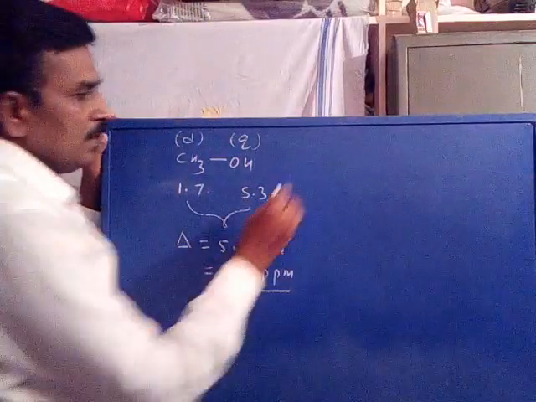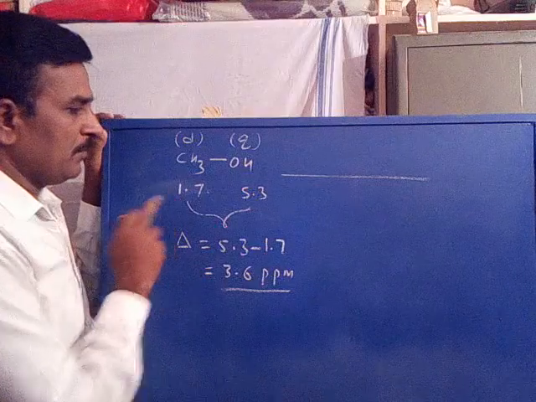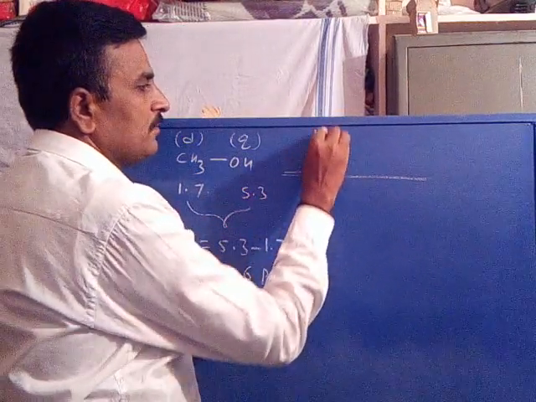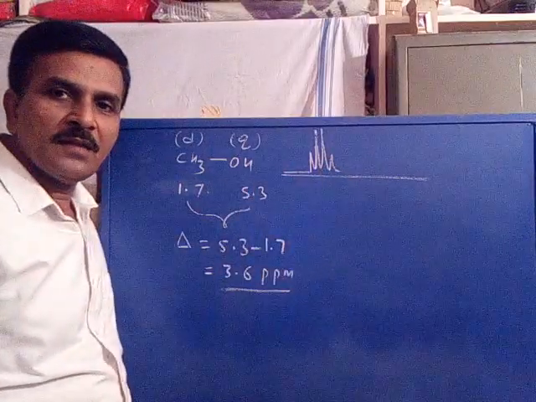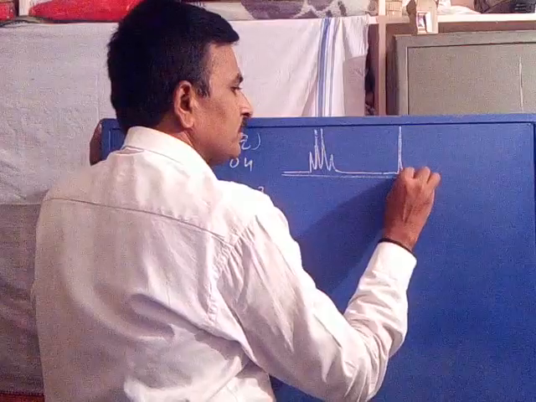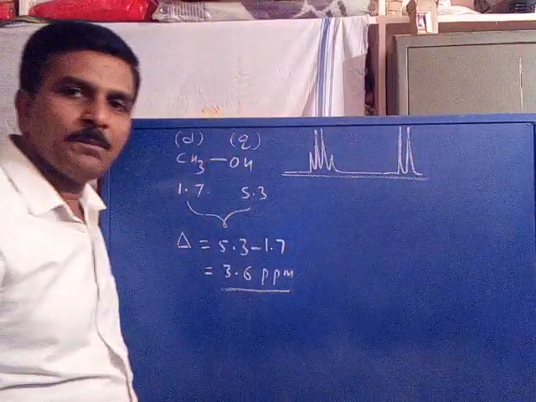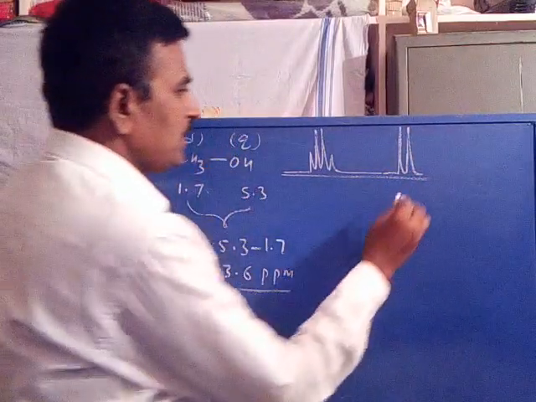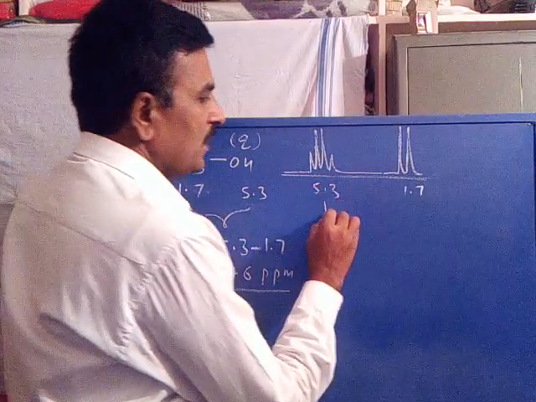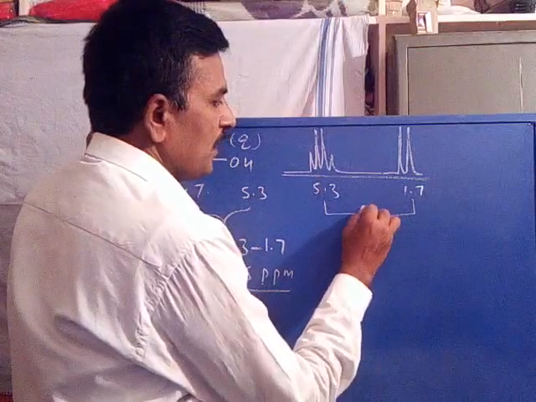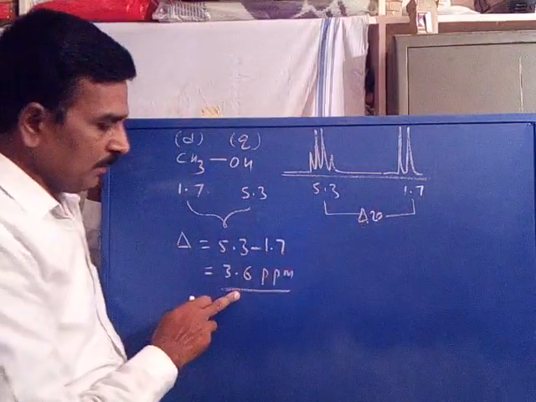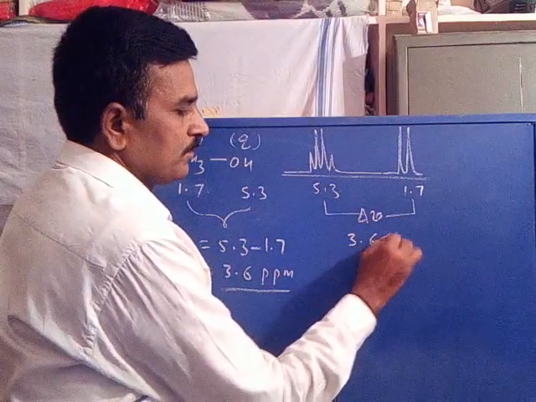You see, in the spectrum of methyl alcohol, the OH appears as a quartet and the CH3 appears as a doublet, at 1.7 ppm and 5.3 ppm. The difference between these two is known as delta nu, the absorption frequency difference, which is 3.6 ppm.